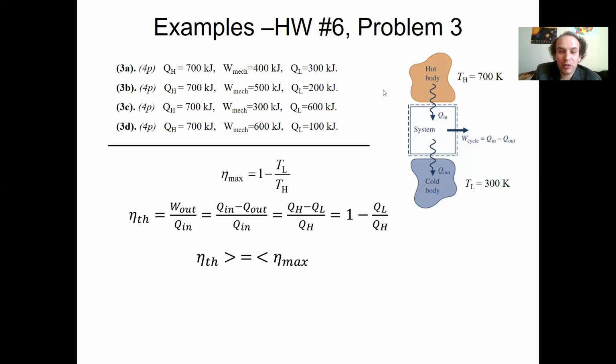Again, very good point people ask. If I write Wmax over QH, what I will have? I will have 3 over 7. But if I write the last formula, 1 minus QL over QH, I will have 1 over 7. So what does it mean?